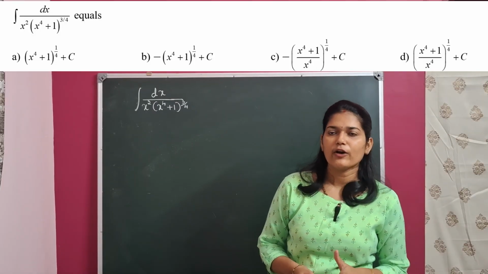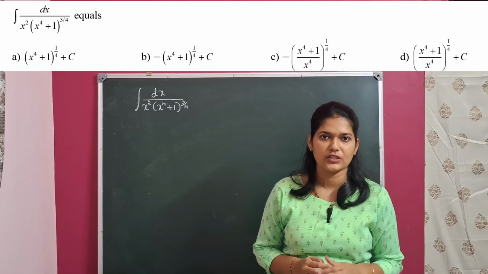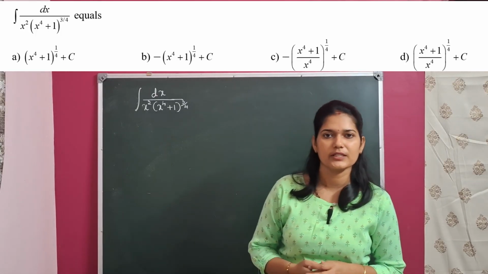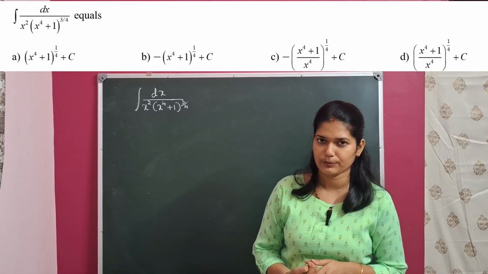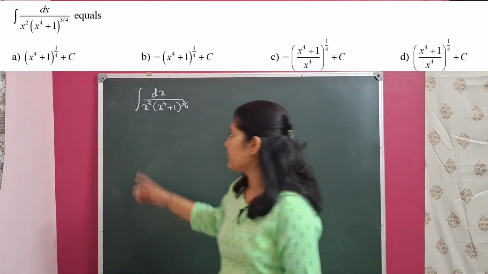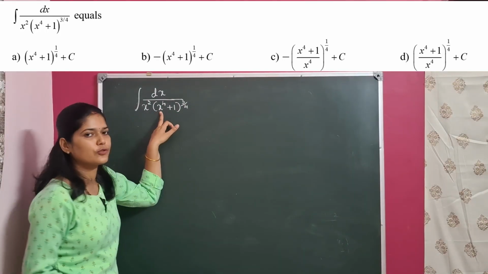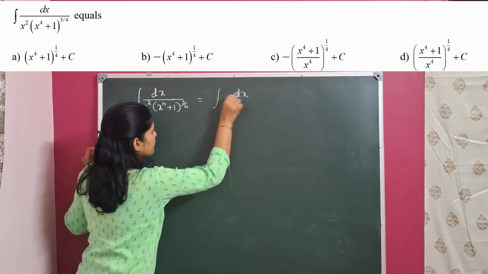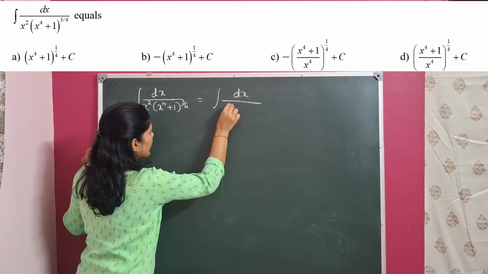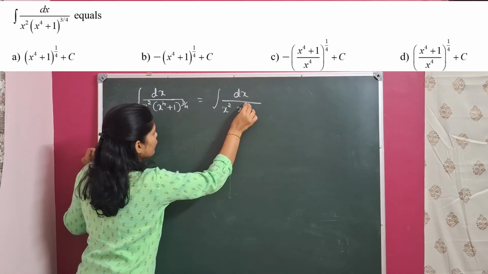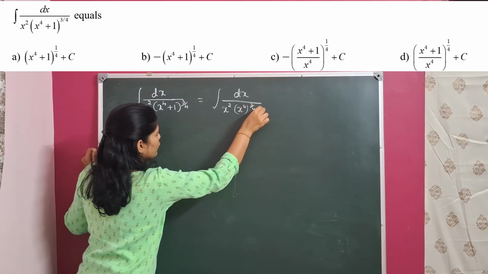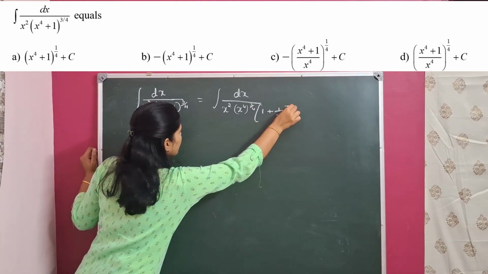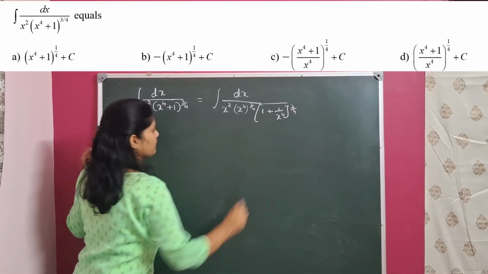In this problem, we have to find the integral of the function dx divided by x square into x power 4 plus 1 whole power 3 by 4. In this problem, we have to take x power 4 common. If we take x power 4 common, then it will be x square into x power 4 whole power 3 by 4 into 1 plus 1 by x power 4 power 3 by 4.